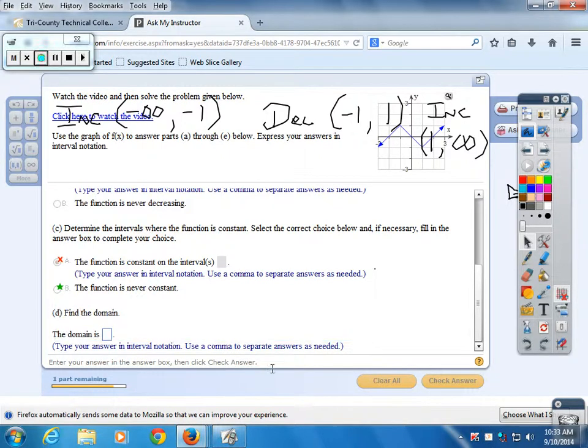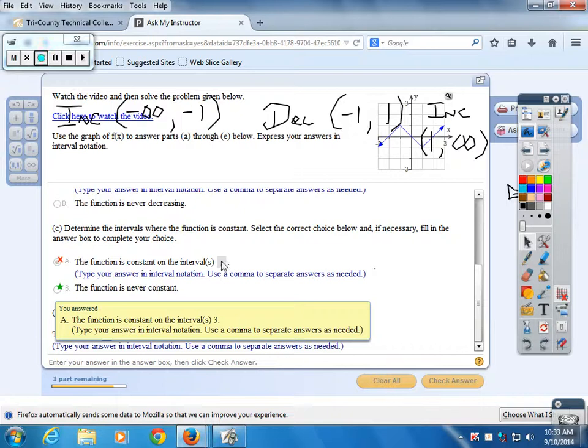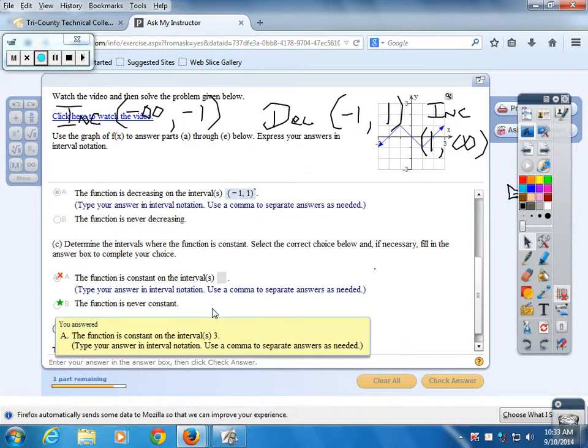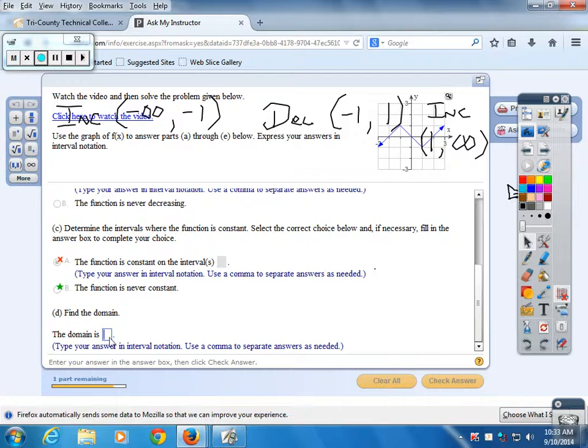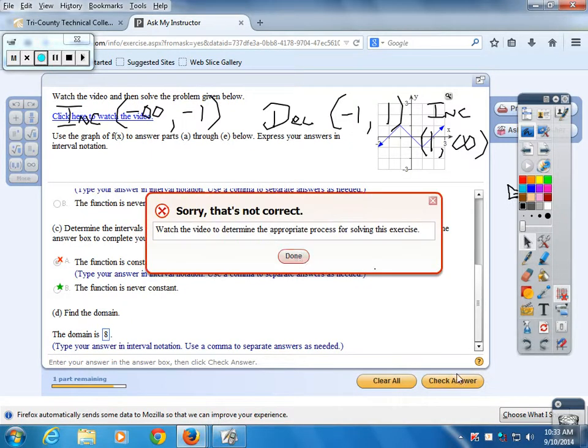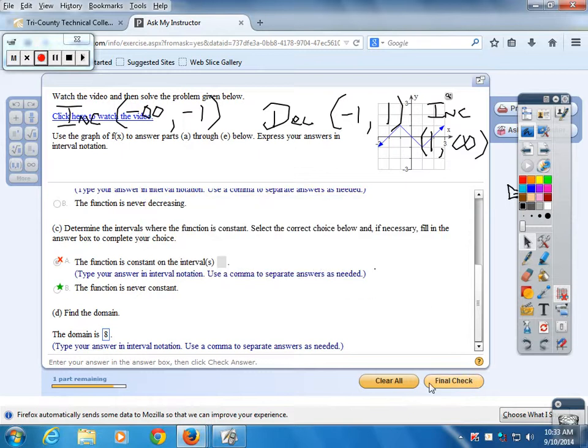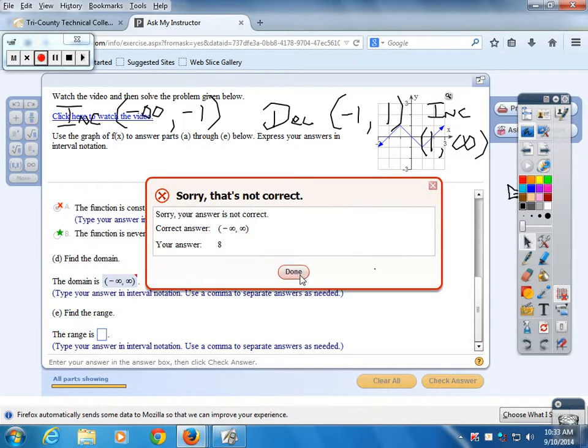What's it asking now? Domain is all real numbers. How do you put all real numbers? I'm not doing all that. 3, 8, whatever. I don't know if you can do all real numbers. On some questions you can. They tell you to put R. I don't know why they don't do it for all of them.